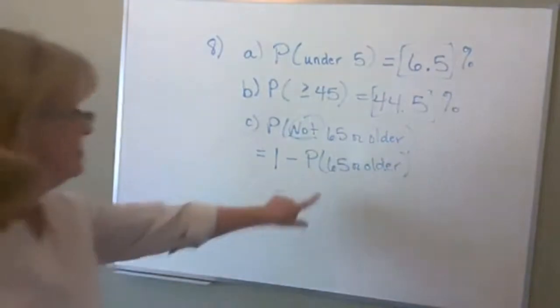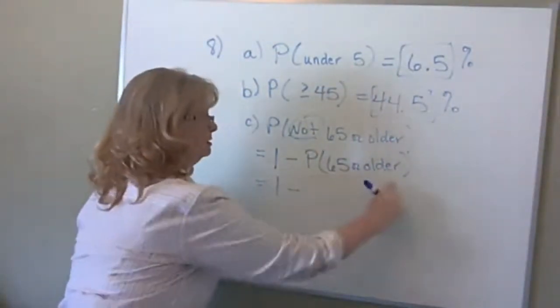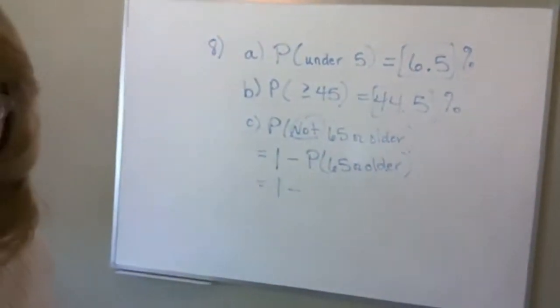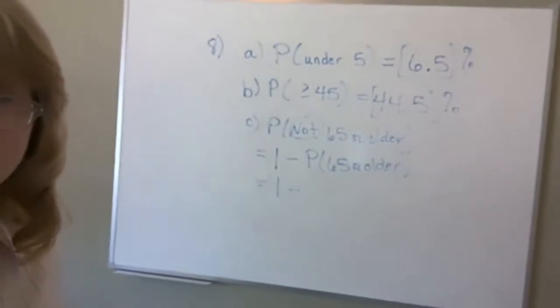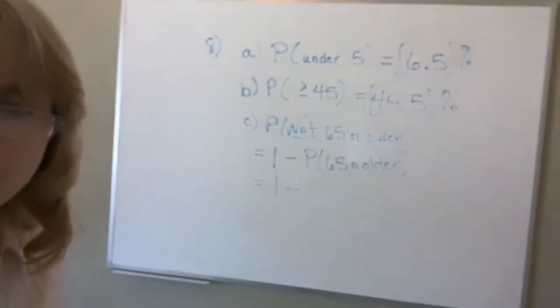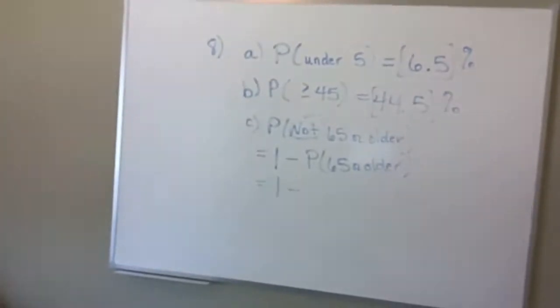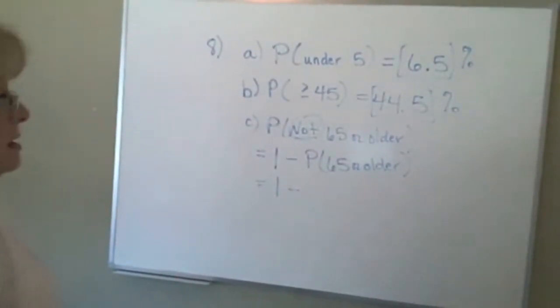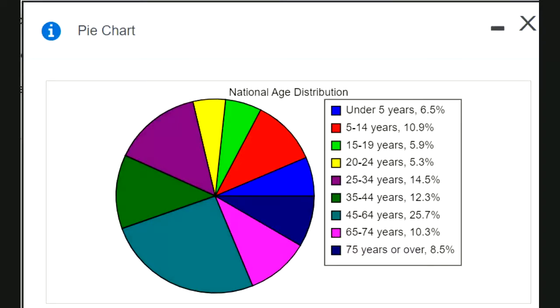So let's see if we can get that number off of the pie chart. So here's the pie chart again. So 65 or older, notice that we're going to have to add 2 different percents to get that probability. So 65 or older is going to be that 10.3.